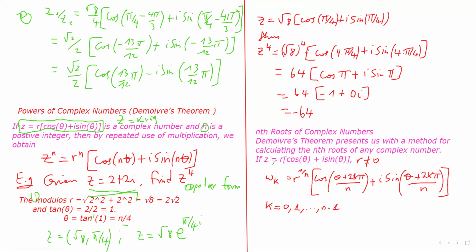Now, to raise it to the power 4, we just apply De Moivre's theorem, which says write z to the power 4 as the modulus to the power 4, cos n times the angle pi over 4 plus i sine n times the angle pi over 4. Square root of 8 to the power 4 is 64. Now we have cos pi plus i sine pi. Cos pi is -1, sine pi is 0. So you expand, you get minus 64.